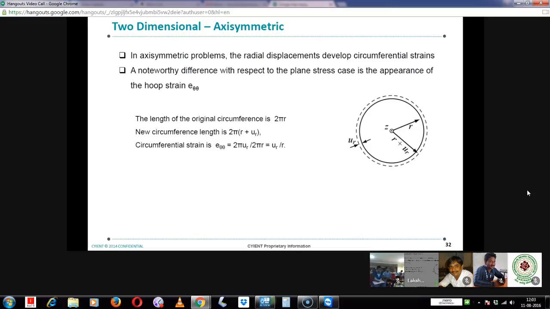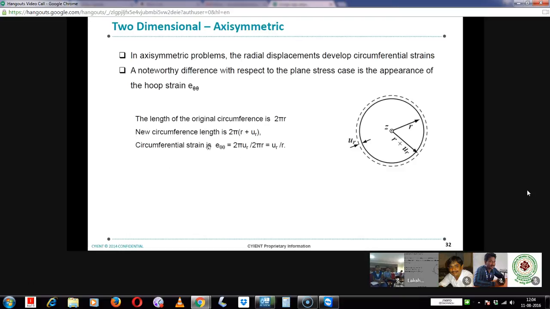In an axisymmetric problem, whenever it is subjected to internal pressure, it will try to expand. So any radial displacement, any radial growth happening in the axisymmetric problem, will automatically develop circumferential strains. Let us see how.